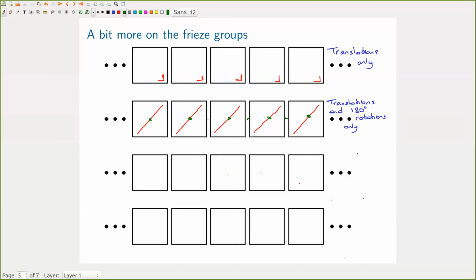Okay, the third type of frieze group that was presented in the video was one that had translations and horizontal reflections only, and no rotations or vertical reflections.